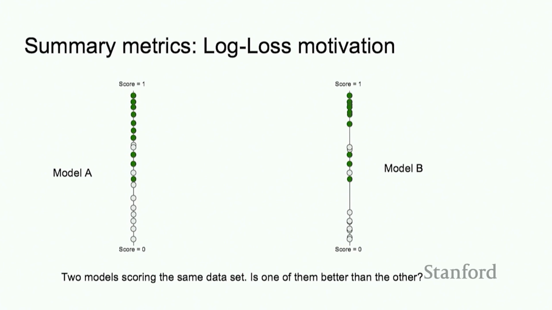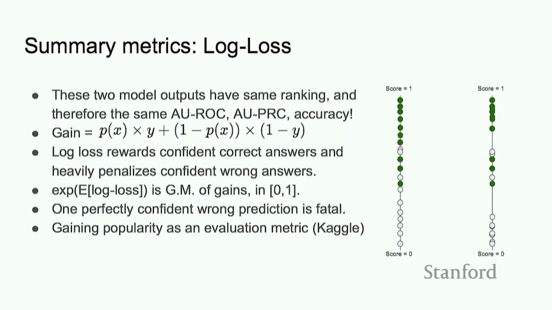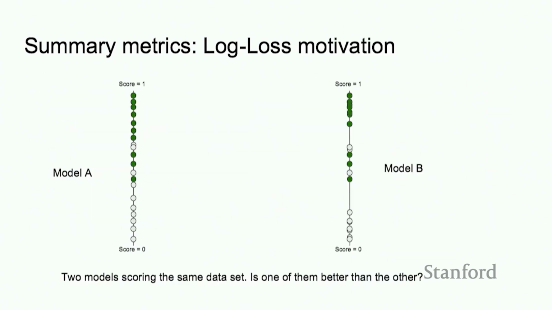Right, that's the correct answer. None of them will rank B higher than A, because the ranking of all the points was the same. All the points over here, though they were clustered together, if you just look at the ranking position of all the examples, we encounter positives and negatives in the same order.